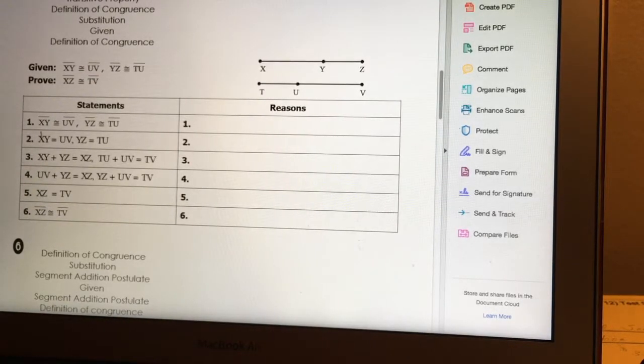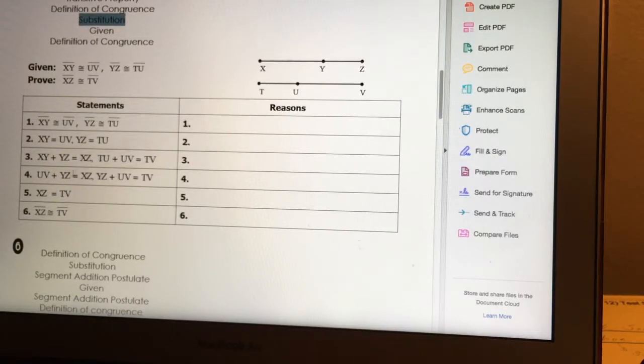Let's look further up. XY equals UV. So what happened was, since XY equaled UV, we replaced XY in this equation with UV to turn it into this equation. And what likely happened with this second equation is something very similar. Remember, with this first equation, we think it'd be substitution property.